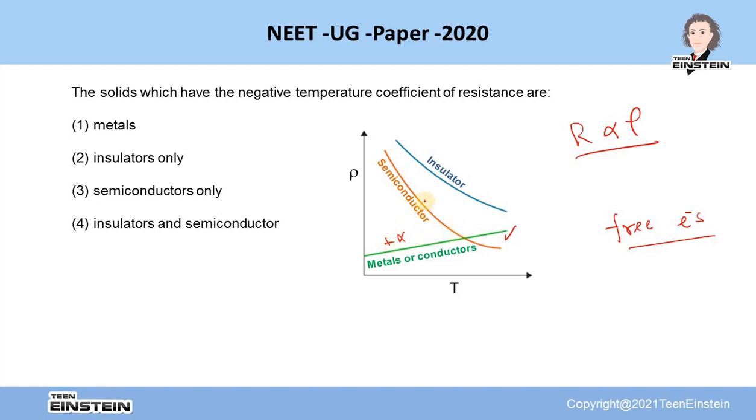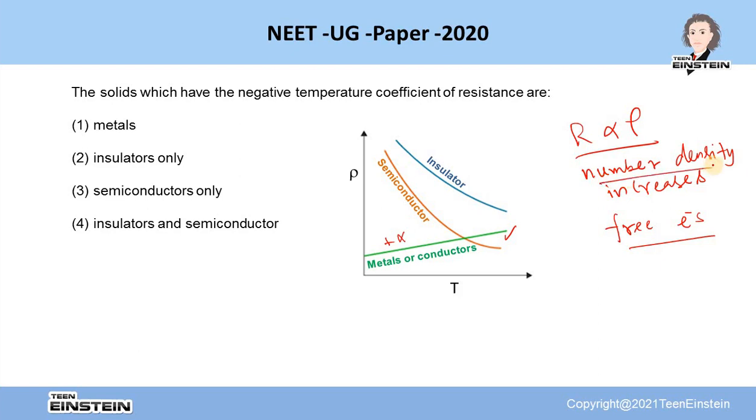But in case of semiconductors or insulators, as you increase the temperature, the number density of charge carriers increases. We have already learned in case of semiconductors that charge carriers are generated if you increase the temperature.